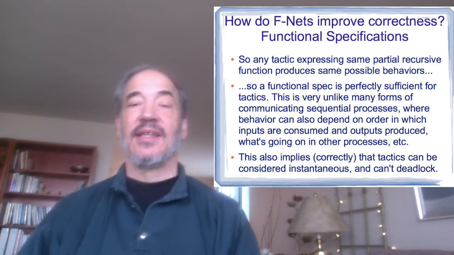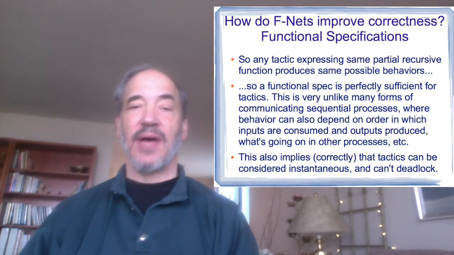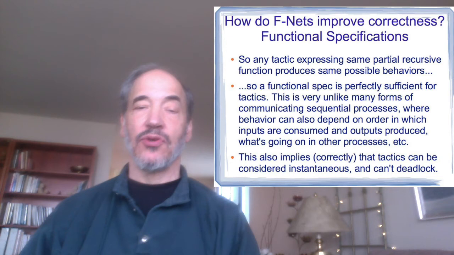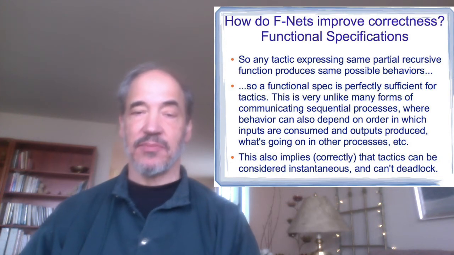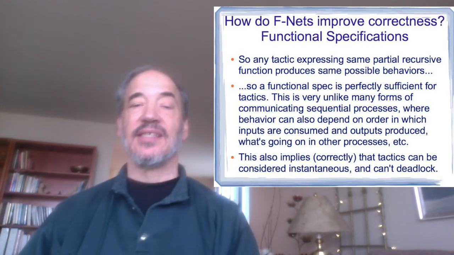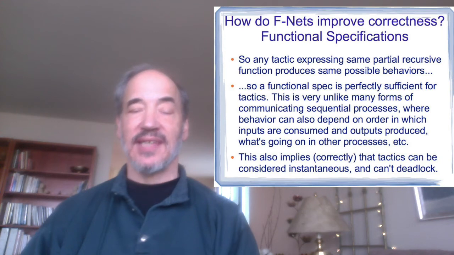That means that when specifying a program, each tactic only has to have a functional specification about the mapping from its observable resources to the new control state for all of its resources, new content state for its replaceable resources. Any implementation that matches that functional specification is sufficient and will give the same behavior within the resulting program.